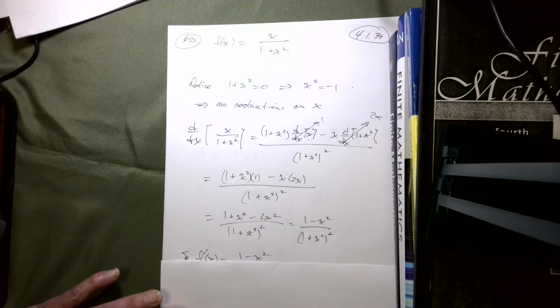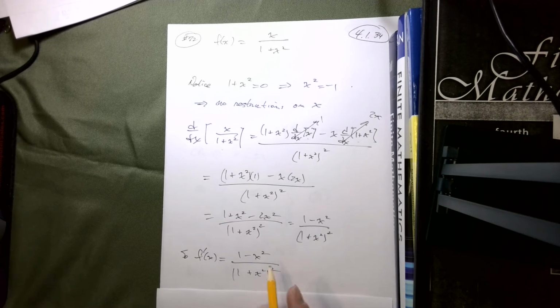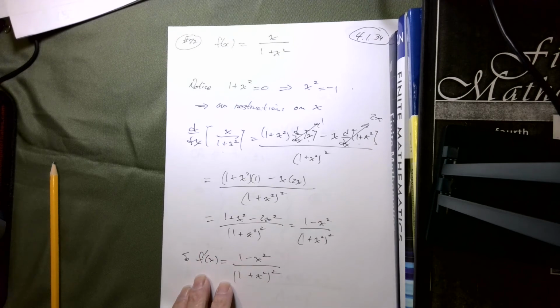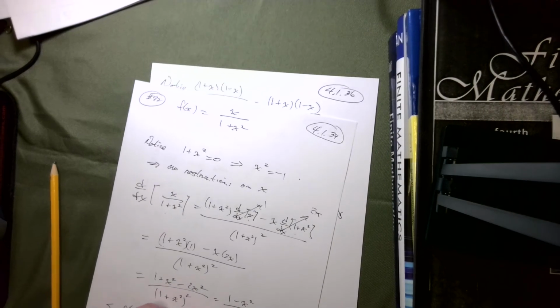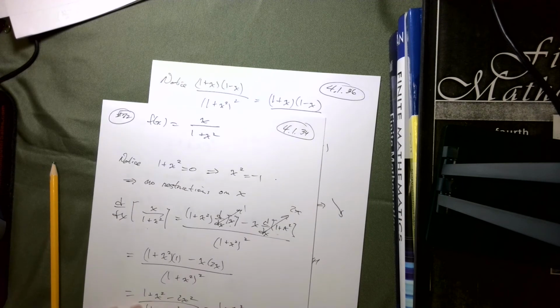Now, that's going to be our derivative, right? And notice that the denominator, there's no way I can make that denominator 0. So we are going to be able to set the numerator equal to 0, though. So we don't have to worry about a critical point being the derivative is undefined.